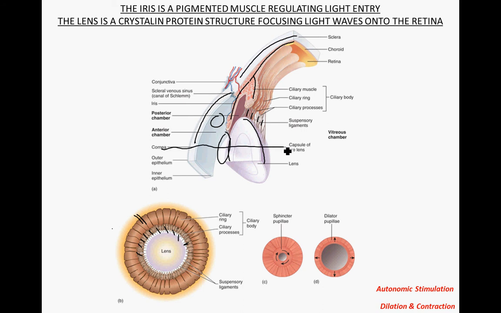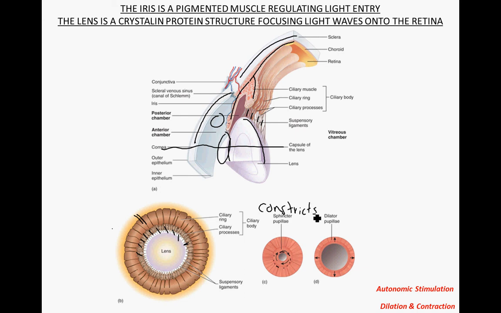So it's surrounded though by the iris, which actually has two layers of muscle in them. And so this inner layer right here is circular, and when that muscular layer contracts, the pupil gets smaller, and we say that the pupil constricts.